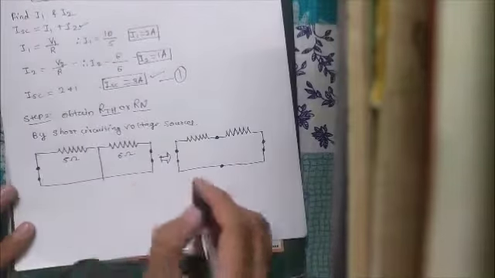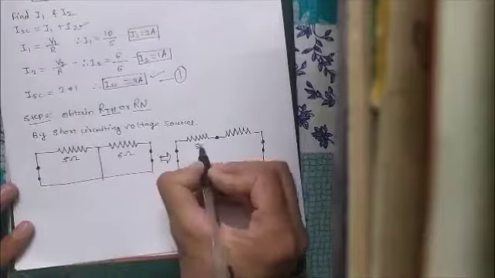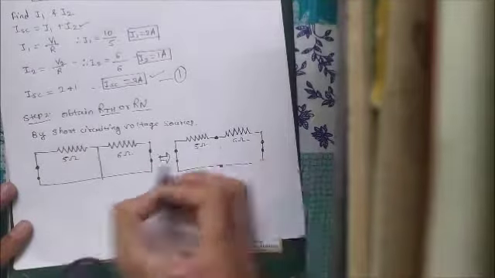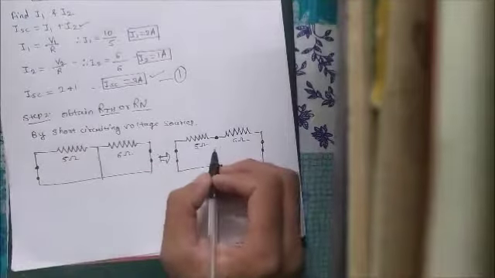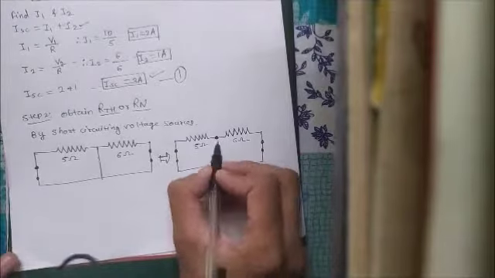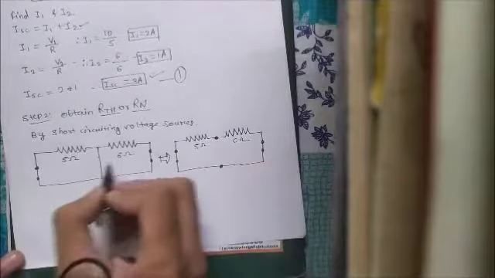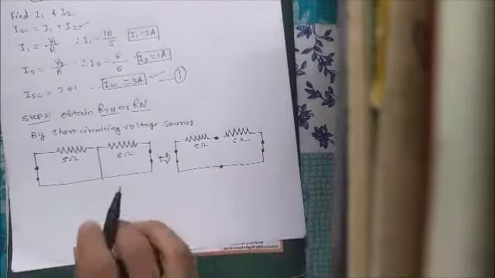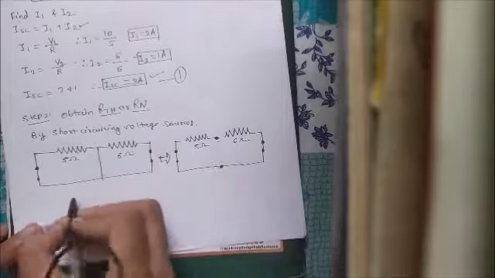Now we just have to calculate the resistance here, 5 ohm and 6 ohm, and if you see this connection, these resistances are in parallel. This picture also depicts that they are in parallel.